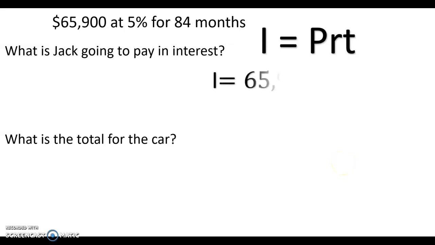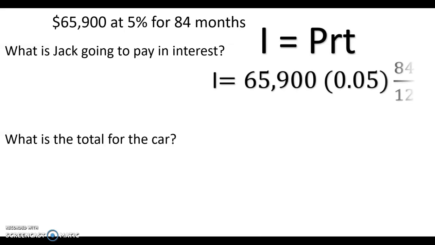So the interest, take the 65,900 times 0.05 times 84 over 12, and we end up with $23,065. That's the interest. Now, let's figure out how much he's going to pay for the car then.